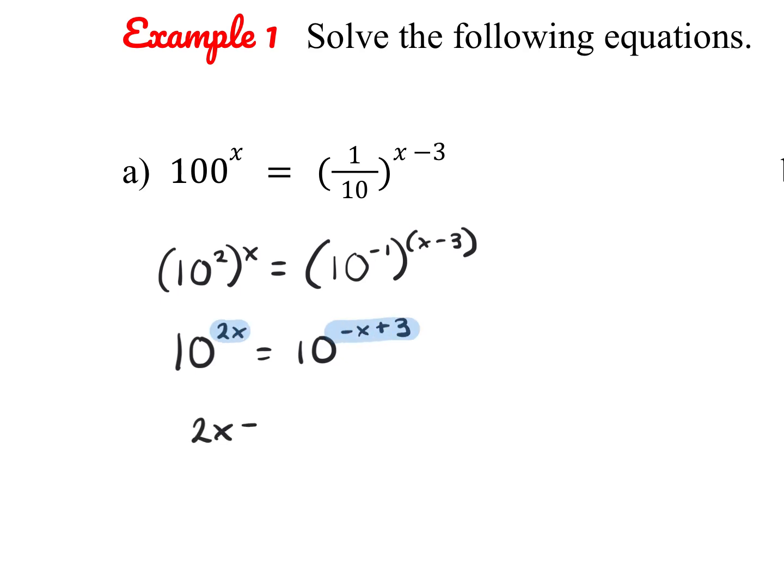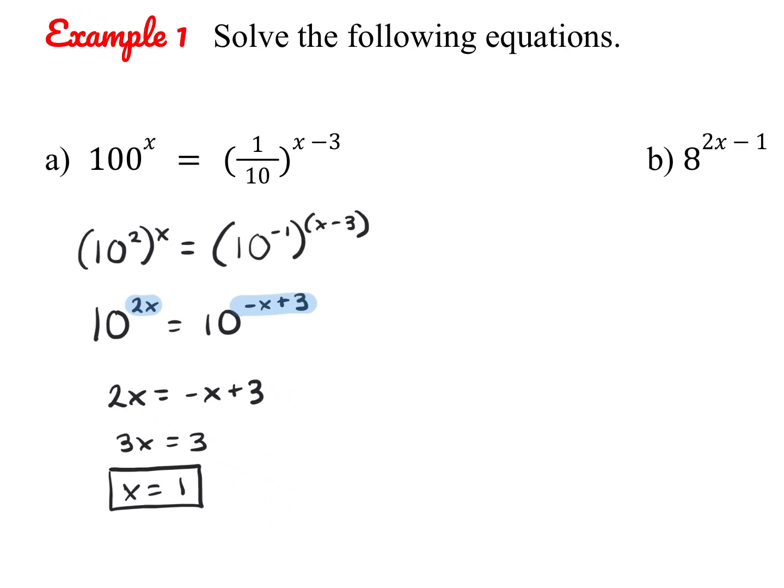So from here, all I need to do is set my exponents equal to each other and finish solving. And I get x equals 1. For these types of problems, you don't have to check your work. Of course, you are always welcome to plug in the answers to see if your answers are correct.